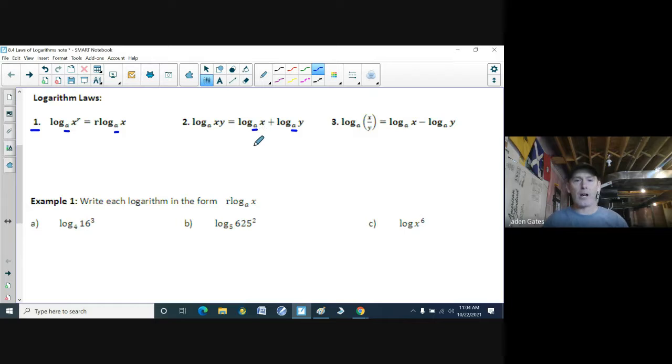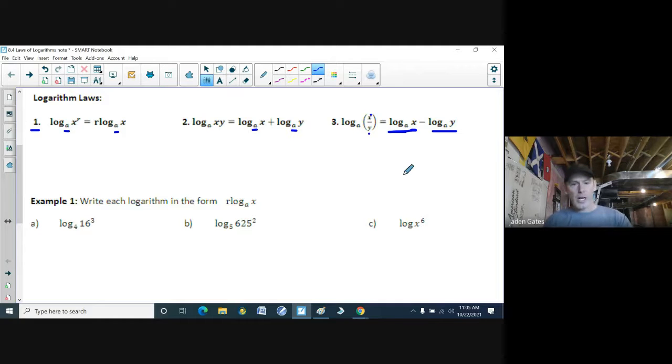If we have log of x plus log of y, well, we can simplify that into log of x times y. And of course, they have to have the same base of a. In a similar way, we have log x minus log y. That is equal to the log of x divided by y. Now, the one thing you've got to watch out for here is the first log is what's going to be in the numerator, and the second log is going to be in the denominator. So that's something to watch out for.